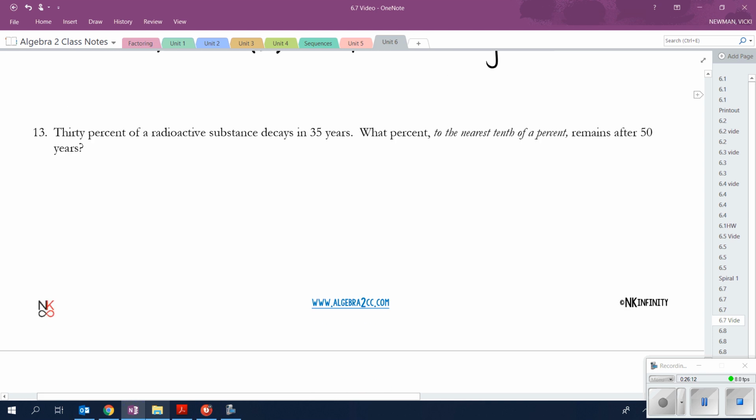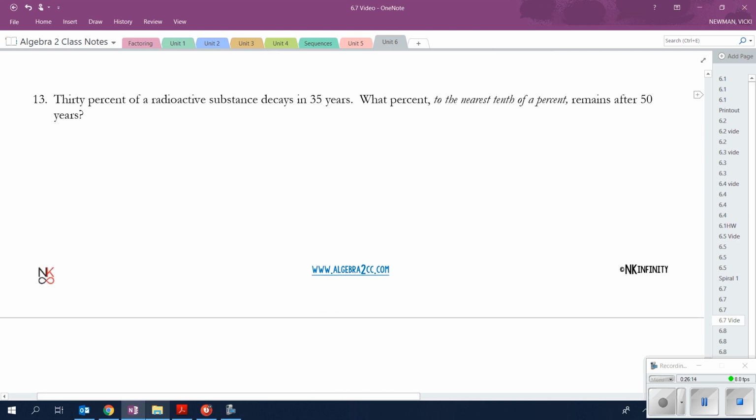This is my favorite question of all times, because it messes with you. 30% of a radioactive substance decays in 35 years. 30% of it is decaying.